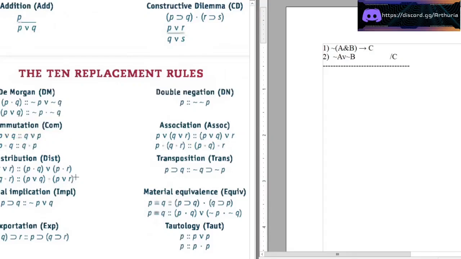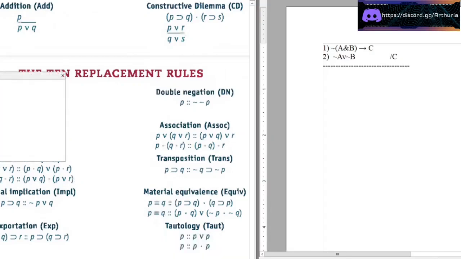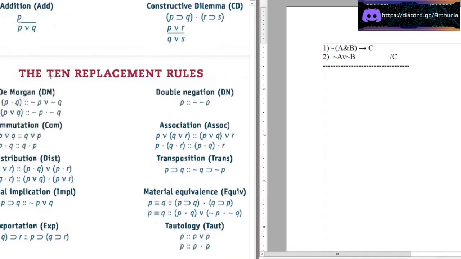But there's also some cool rules here, mainly for this problem, which we'll do now, is De Morgan's. So De Morgan's lets me take a statement like this, and then turn it into a statement that looks like this. So we see in our problem that this statement here is this guy on the left.